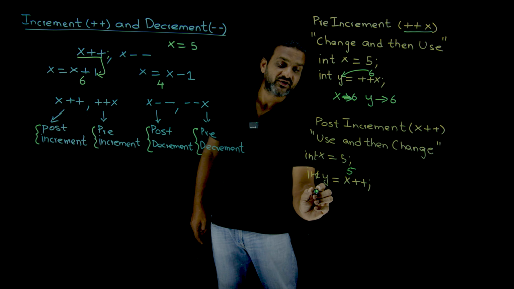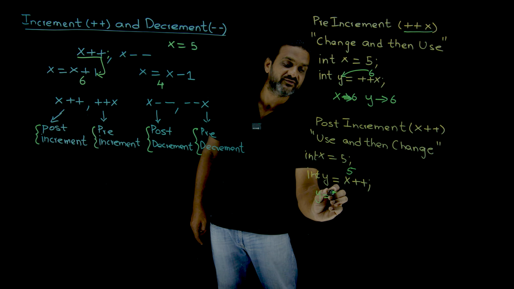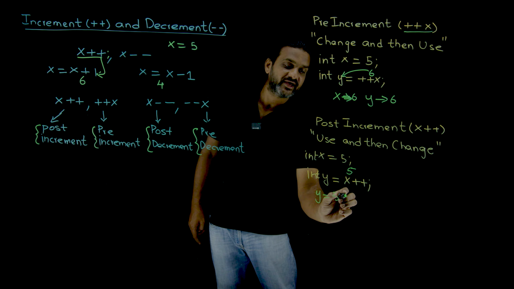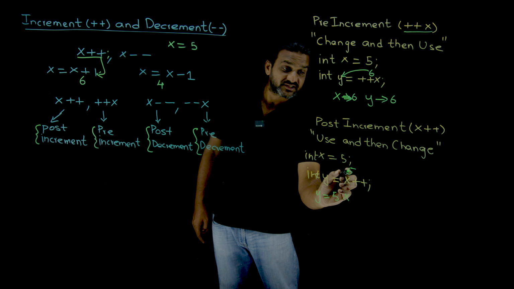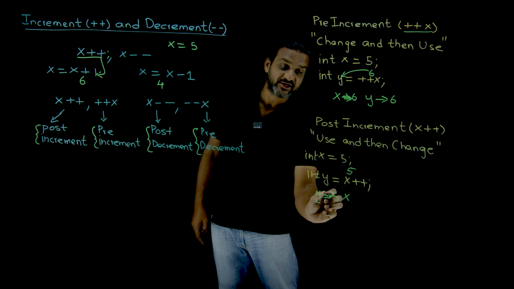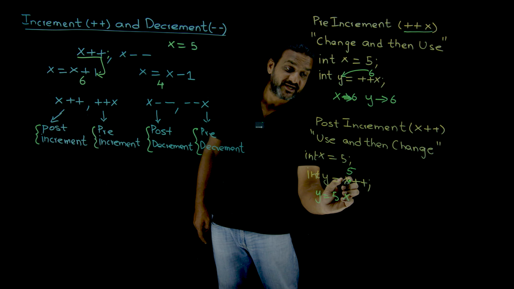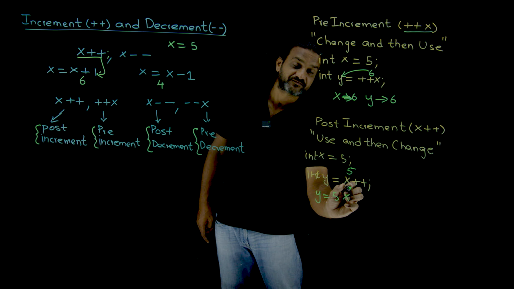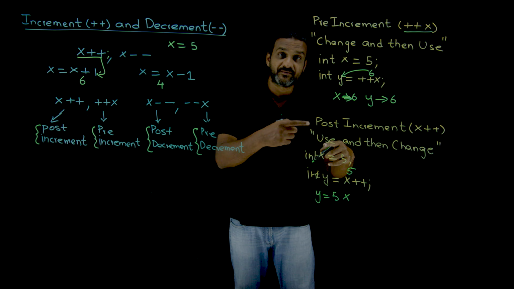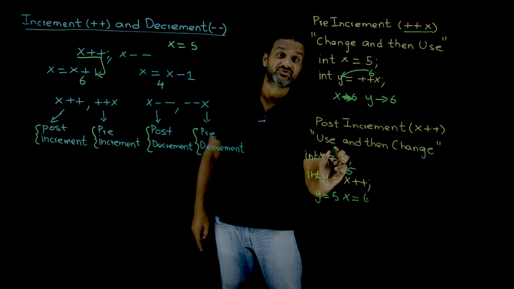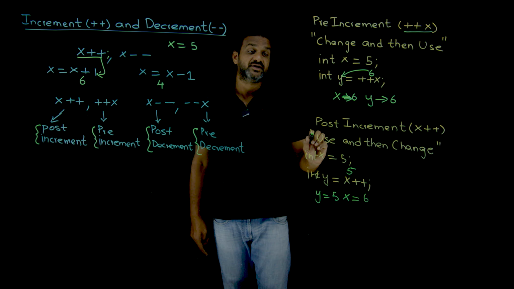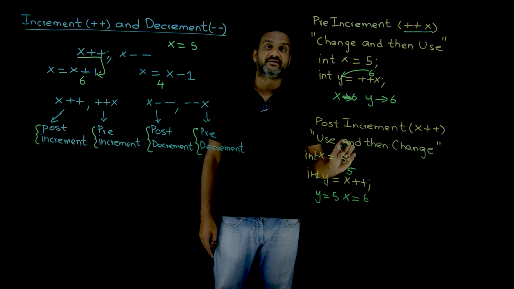The value of y is 5, because first the value of x gets assigned to y. And now the value of x will get incremented by 1, so x will be 6. That is what we call post-increment.